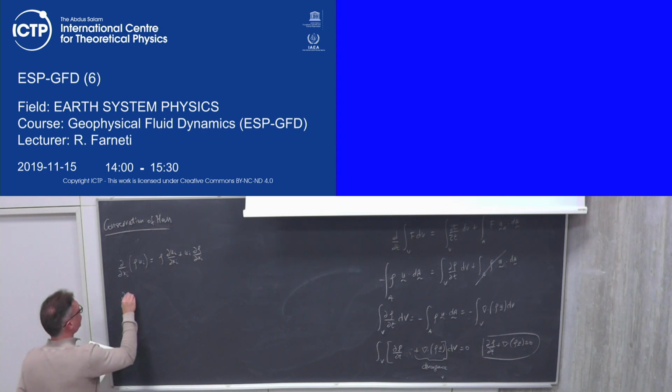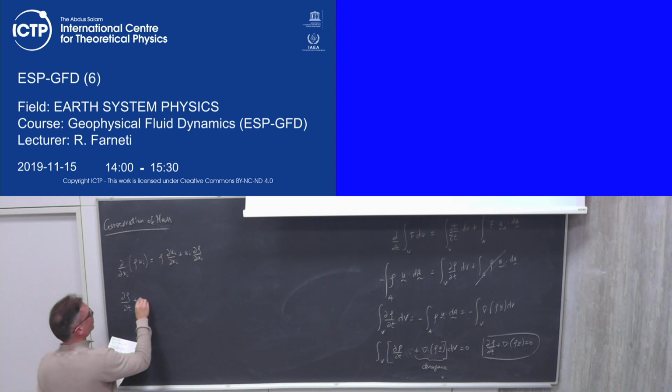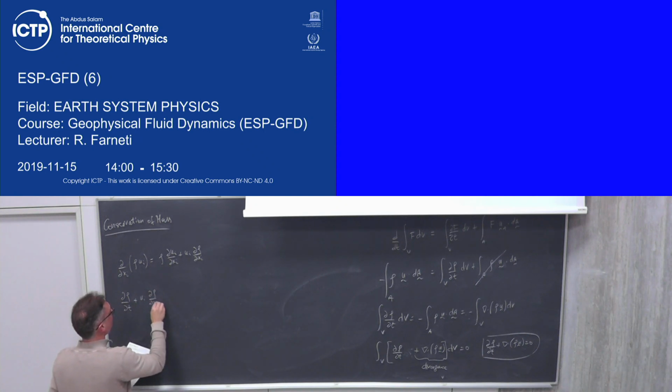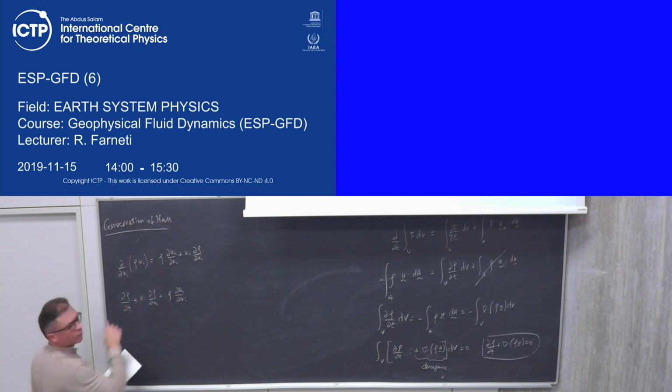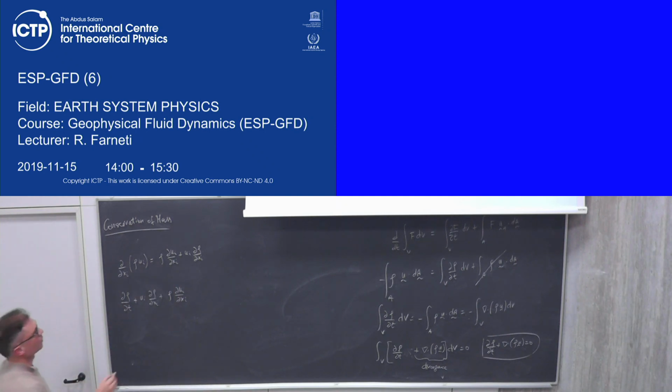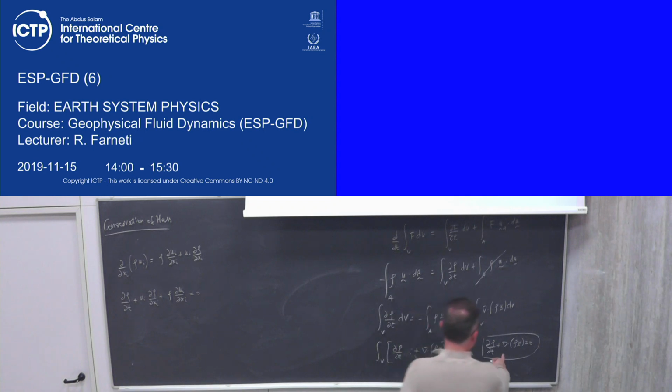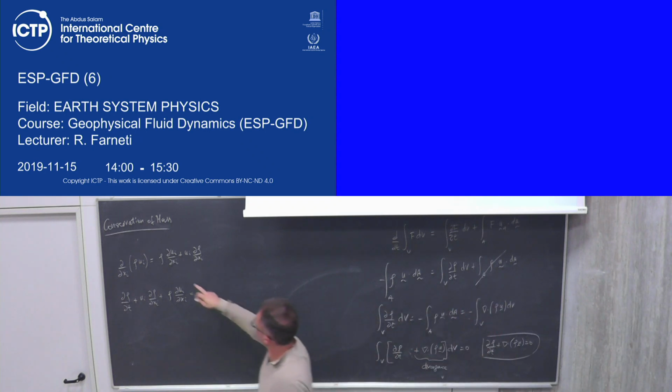So the continuity equation is now this plus this term plus this term of the divergence. I'm just rewriting the continuity equation by splitting the divergence term into these two terms.